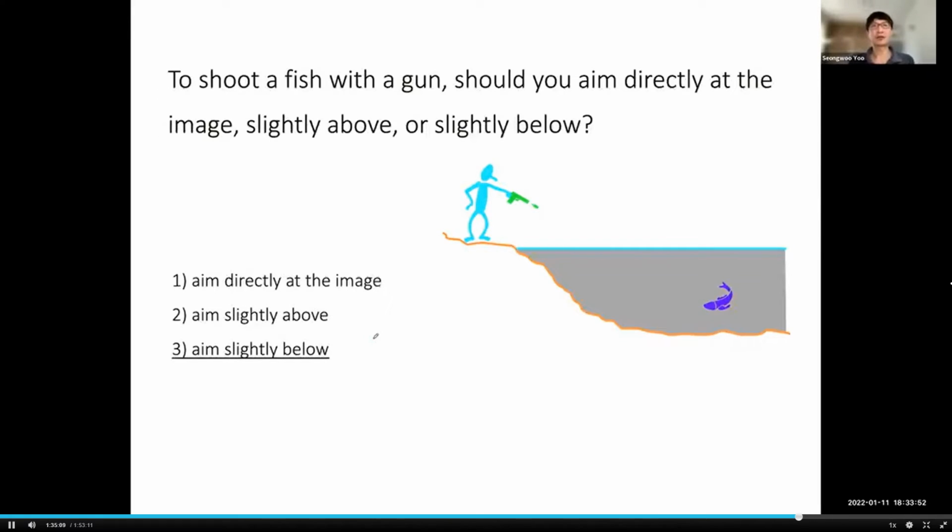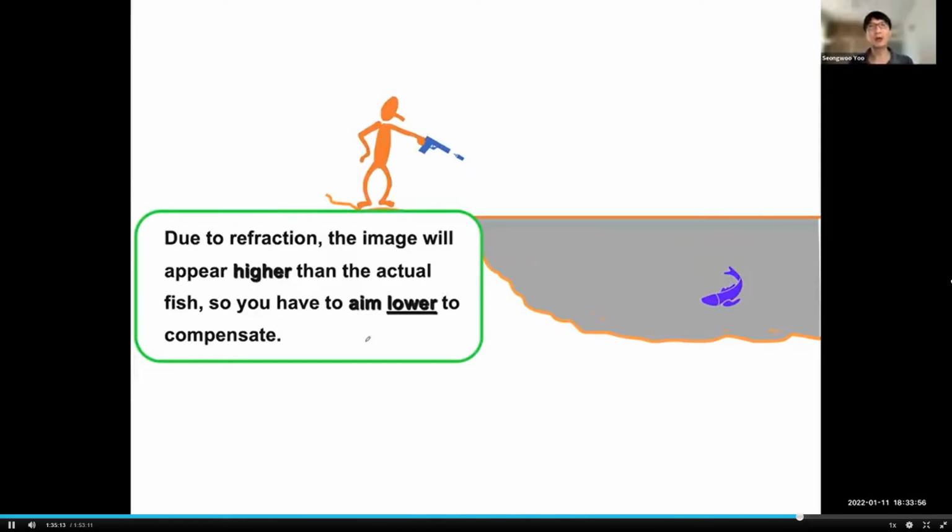Now, our second question. We need to aim slightly below because of the refraction, the apparent image appears above the actual object. Therefore, you should aim slightly below the apparent image.